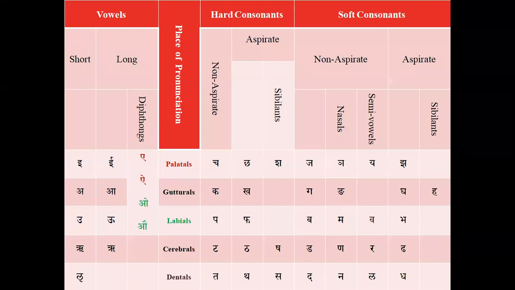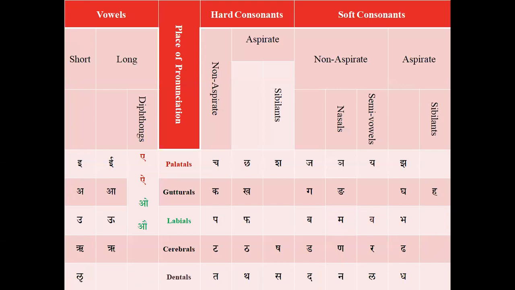So under soft consonant, you see non-aspirate, that is alpaprana. I have put all the alpaprana together and the mahaprana together. Under alpaprana, that is non-aspirate, the third letter of all the classes, the fifth letter, which is nasal, and all the semi-vowels come under that.